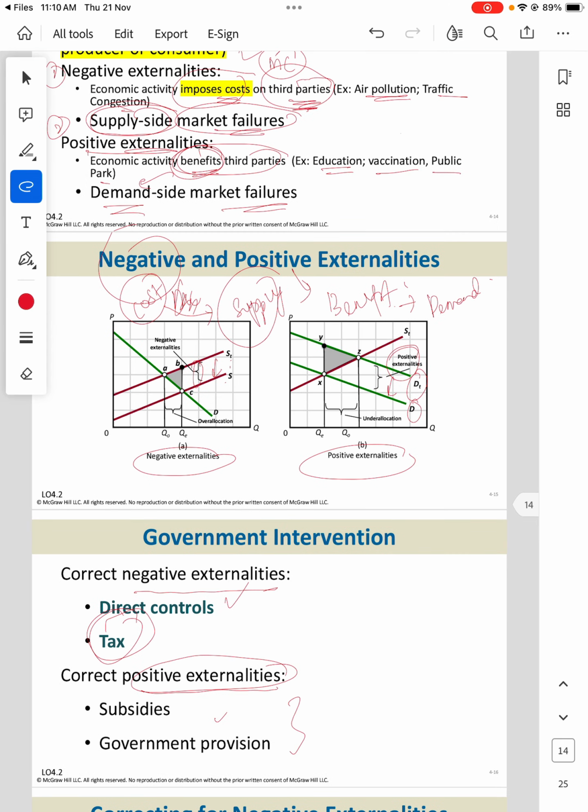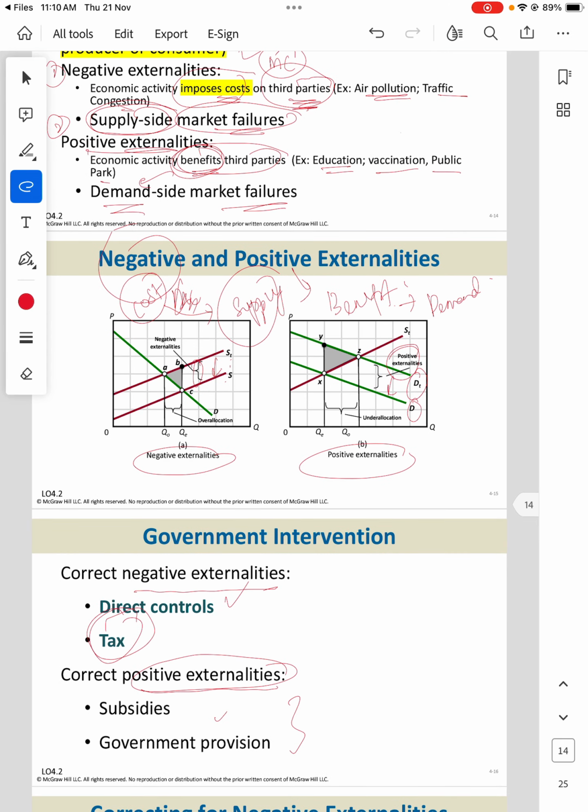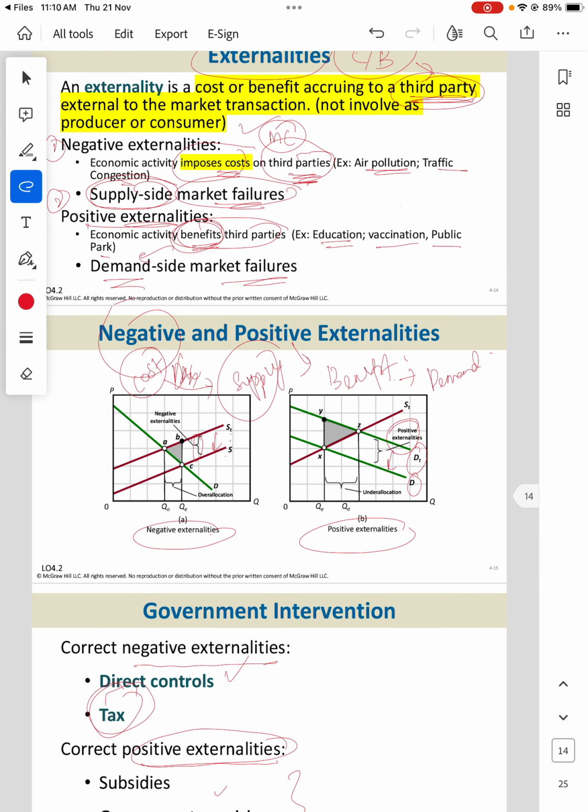For example, negative externalities incur cost, like air pollution. Those contributing towards air pollution need to have tax imposed on their company, so that the company will decrease making air pollution. So the tax will correct the air pollution for the negative externalities.